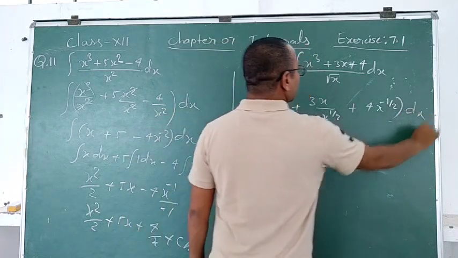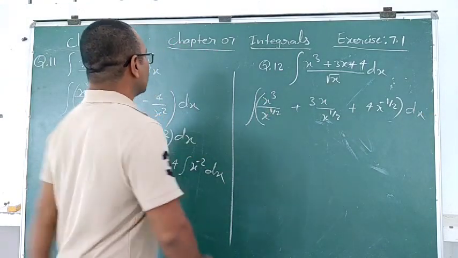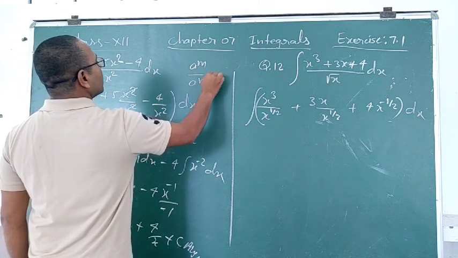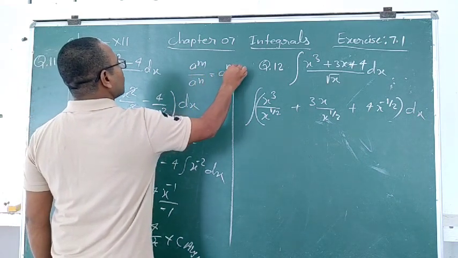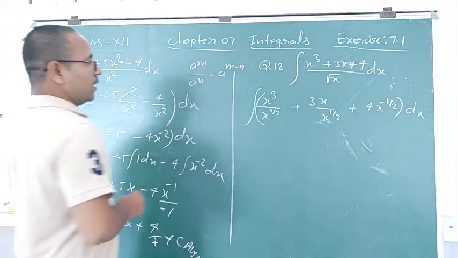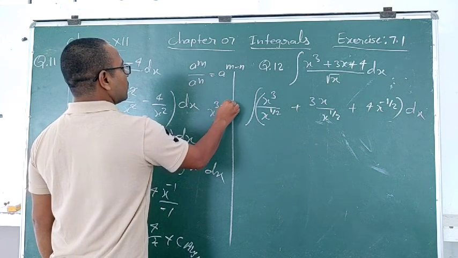dx. So now students, we are using this formula a to the power m upon a to the power n is equal to a to the power m minus n. Use this one. So how much will you get here? x to the power 3 minus 1 by 2.